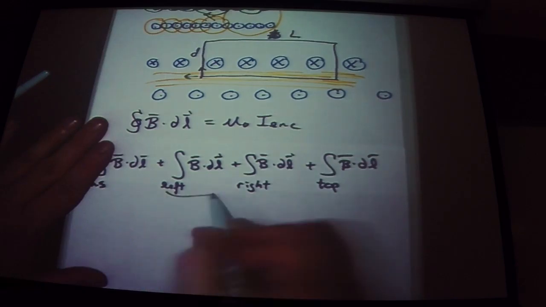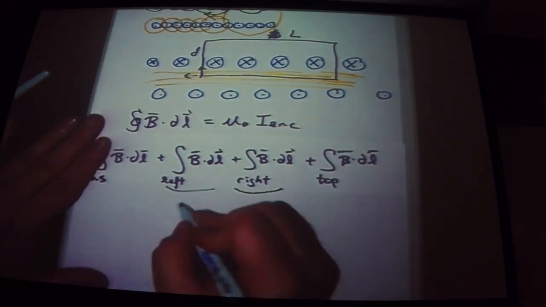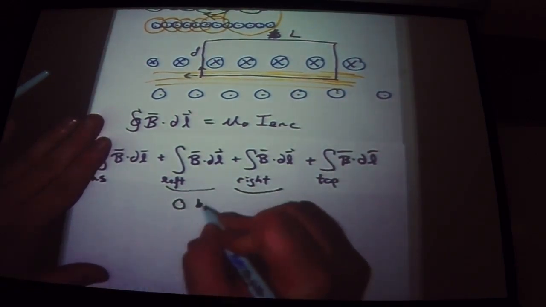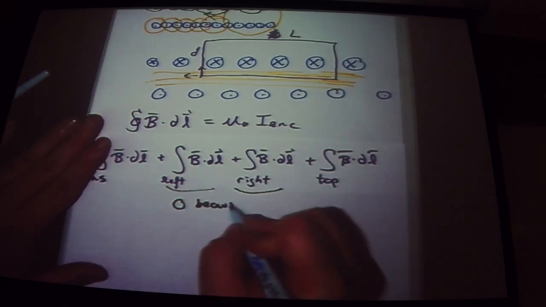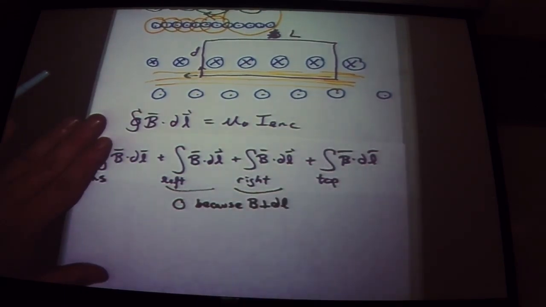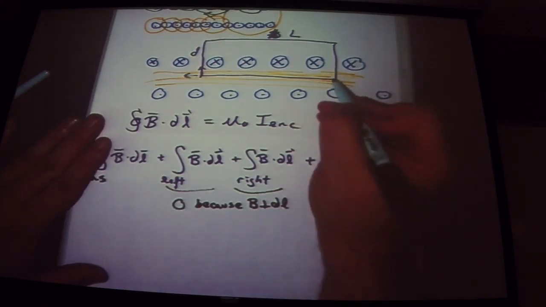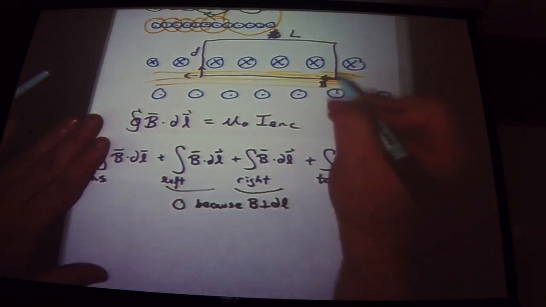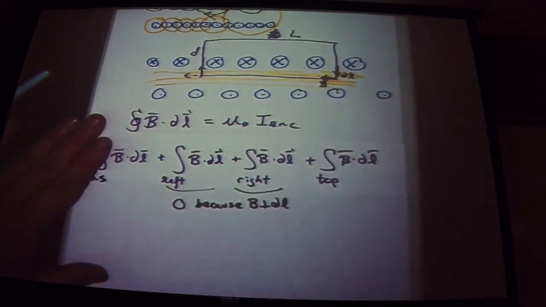So both of these are 0 because B is perpendicular to dl at all points on those paths. Over here, B is perpendicular, and dl is coming down this way, but that's still perpendicular. So those two go away.